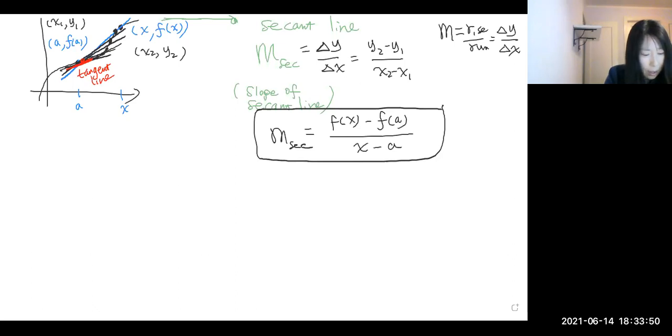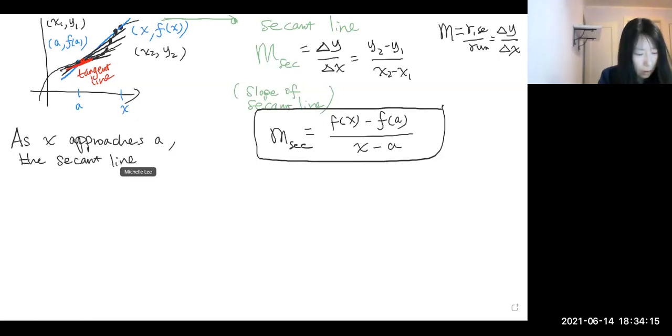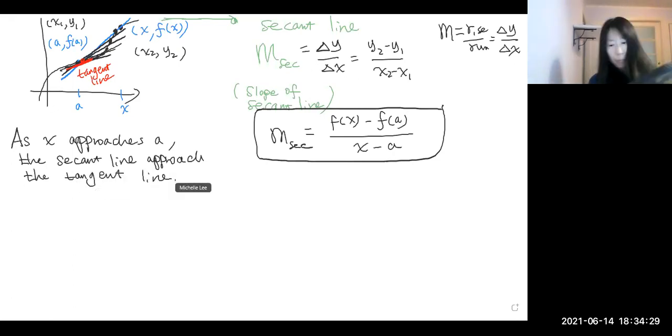As x approaches a, that means x is getting close, or 2 points is getting close to each other. Okay, the secant line becomes tangent line. Approaches the tangent line. Okay.